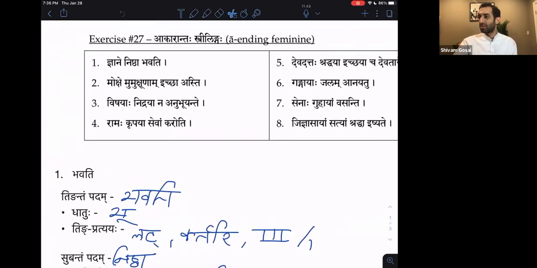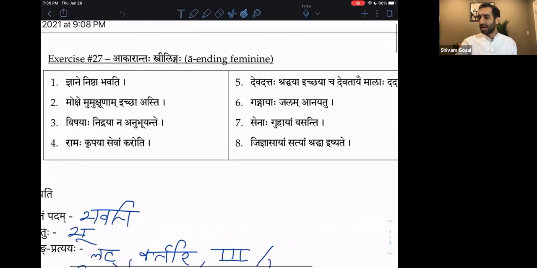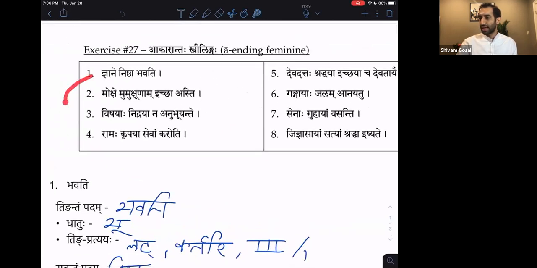So we saw these ones in our last class, number 1, 2, 3. So let's just look at 4. We'll start there. Okay. So karoti, krudatu, right? So krudatu meaning to do.